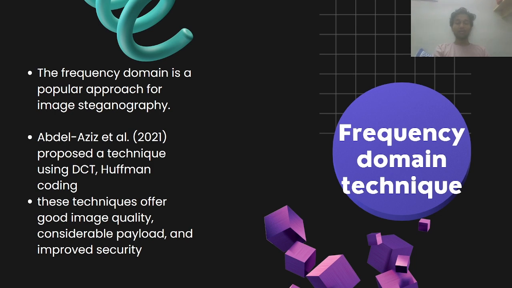The proposed method gained good image quality with a considerable payload but did not enhance data security with pre-processing. Now, in 2018, Atabai proposed a novel data hiding approach using DCT to embed data into JPG images.